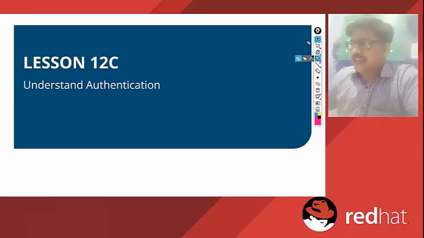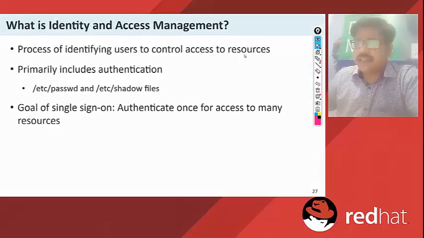Okay, so first we are going to discuss identity and access management. Identity means providing your identity. Once you provide your identity, you will be able to access a specific area, a specific location, a specific data or a specific object. Object means resources.